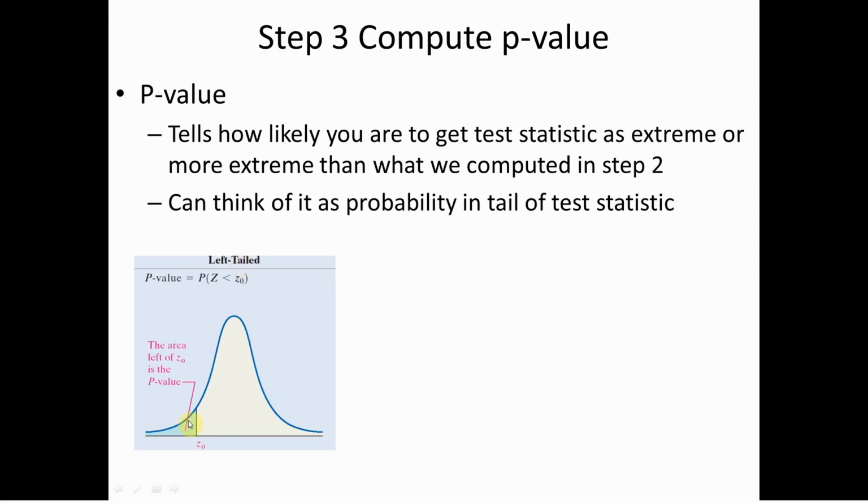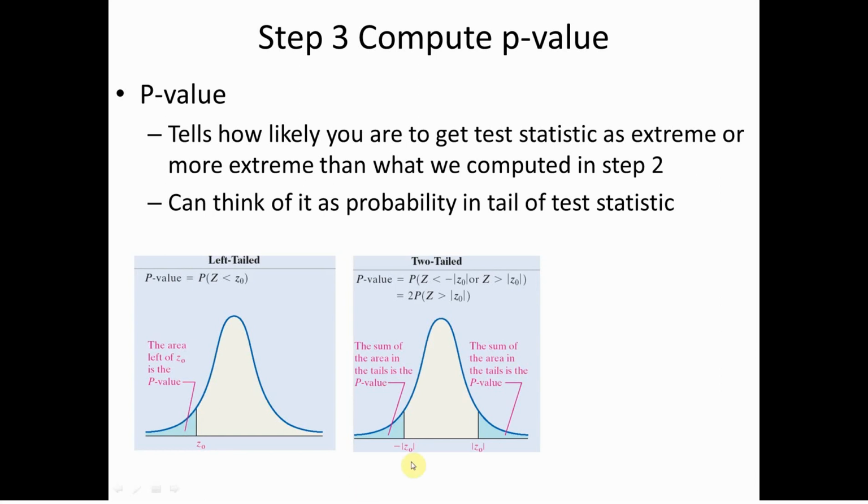Now if we're doing a two-tailed test, we have two tails. We have both the positive and negative value, because remember, we're trying to disprove when we're on either side. So if we get a value this extreme or further, we have to take into account the fact that we need this area down here too.